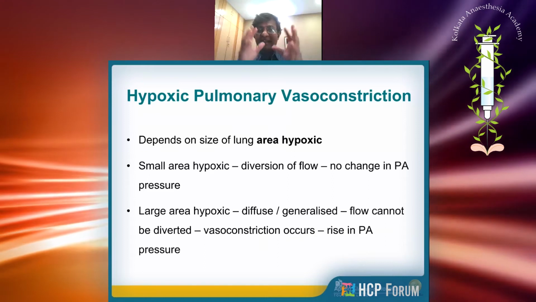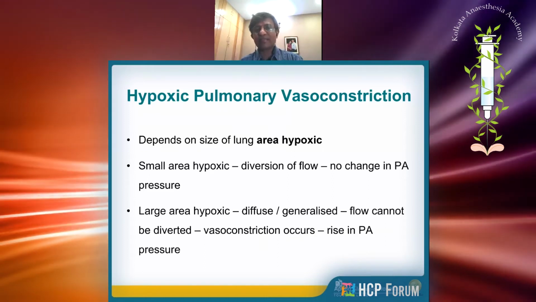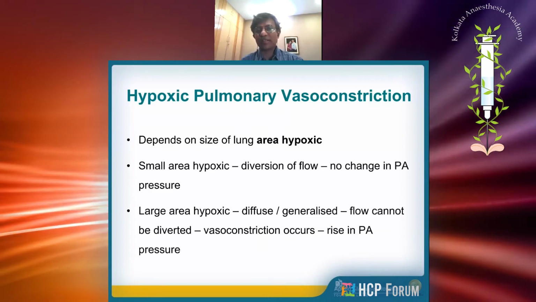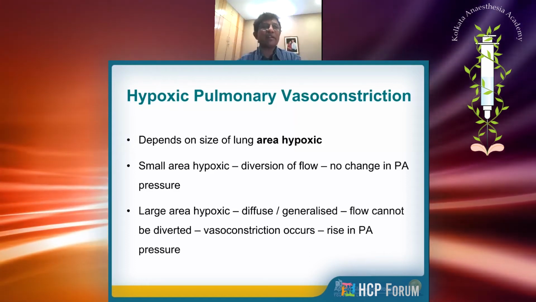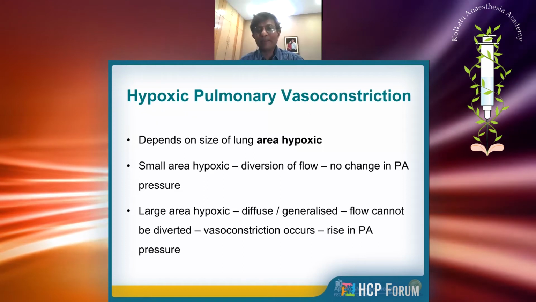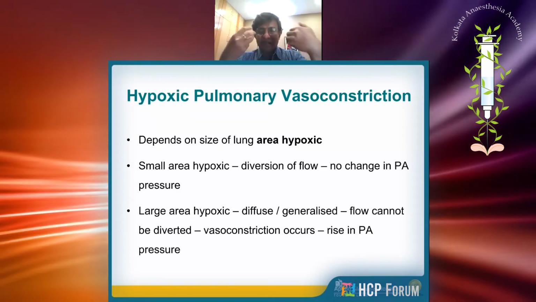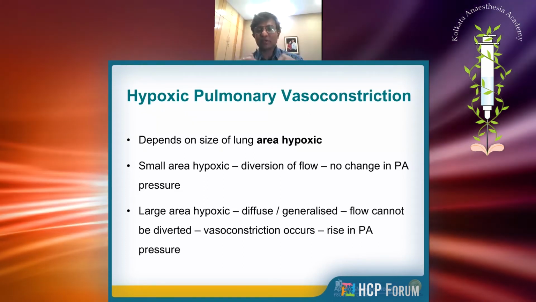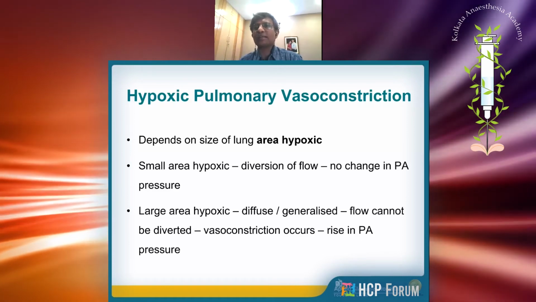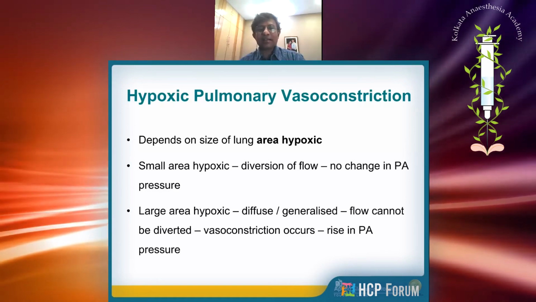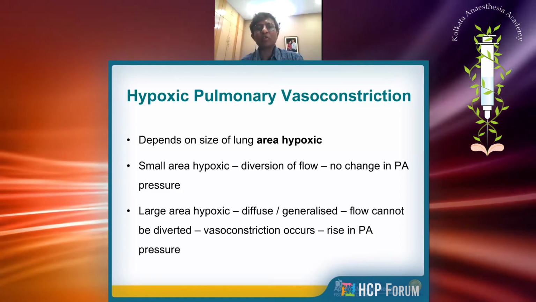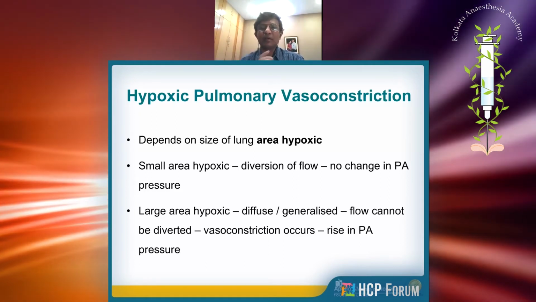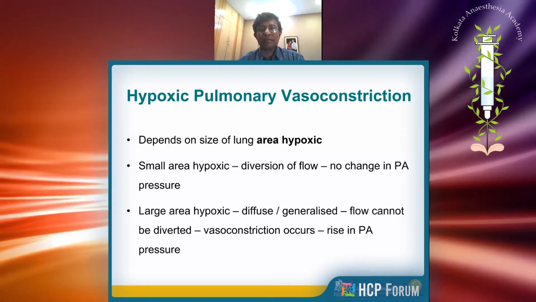But if a large area is hypoxic, or there is a diffuse or generalized hypoxia in the circuit, the flow cannot be diverted because all the areas are hypoxic. But this hypoxia would then lead to vasoconstriction. That is the phenomenon that is happening. There is a rise in PA pressure, and it happens without getting the benefit of hypoxic pulmonary vasoconstriction.